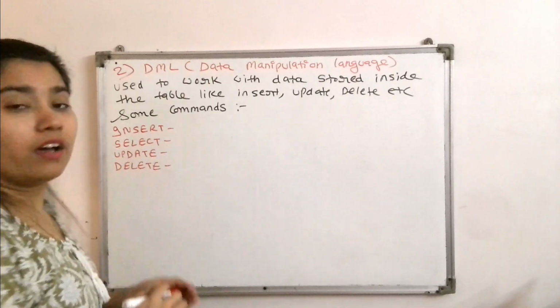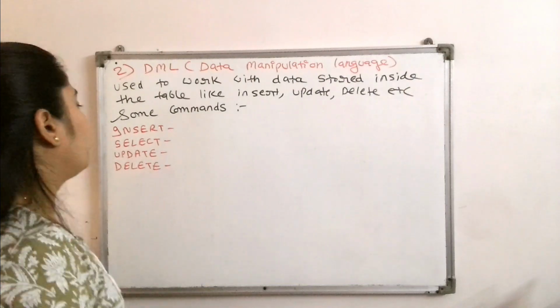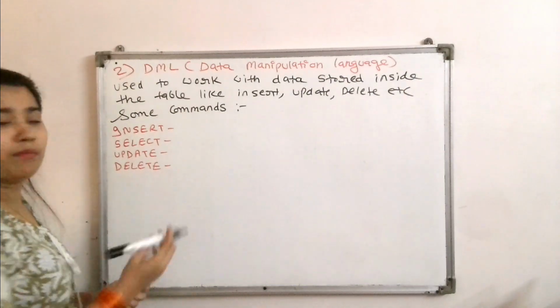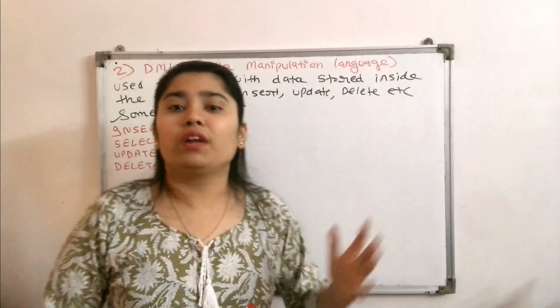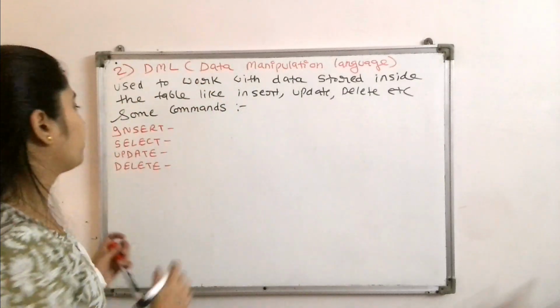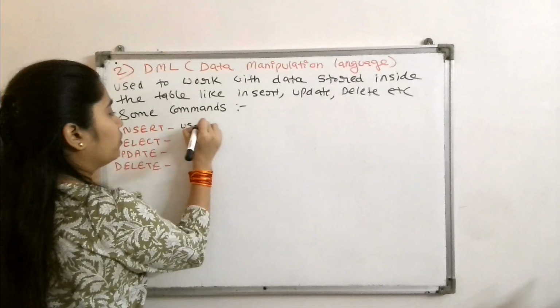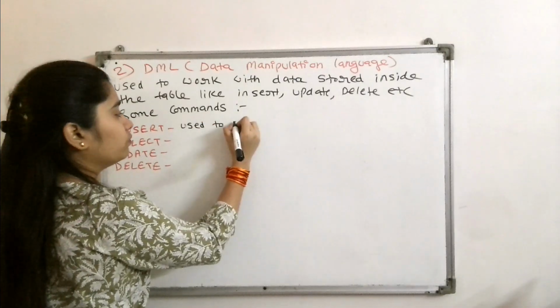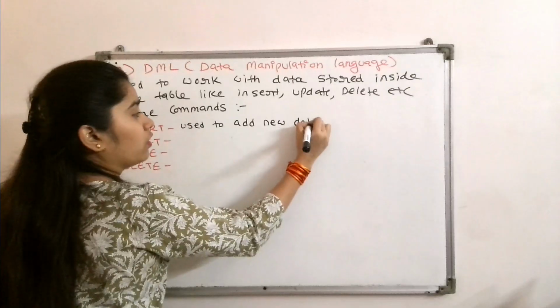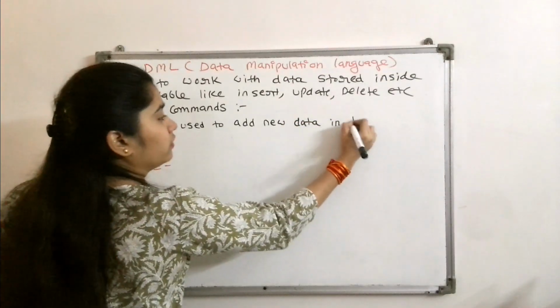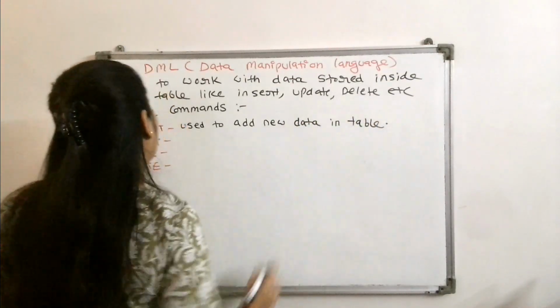These are the four commands of the DML. Now what is the meaning of the insert command? The insert command is used to add any new data to the table. Let's write here: used to add new data in table.